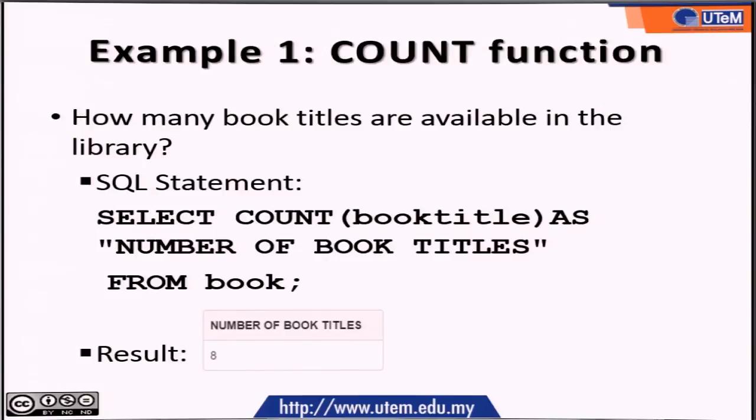Let's look at the first example, which is the count aggregate function. Suppose we want to get the number of book titles which are available in the library. Each row in the book table contains the information of each book title.